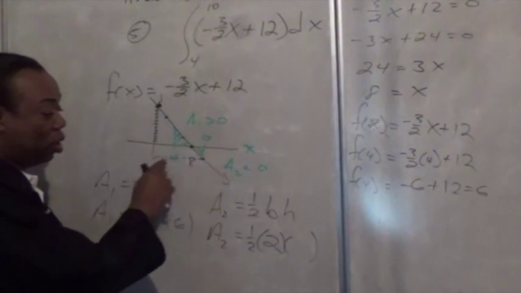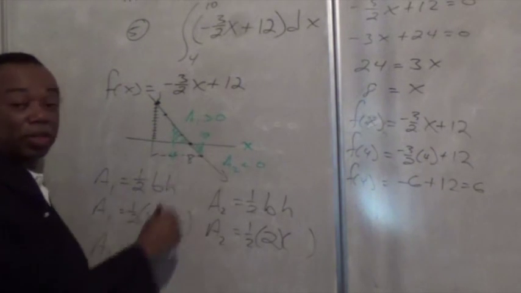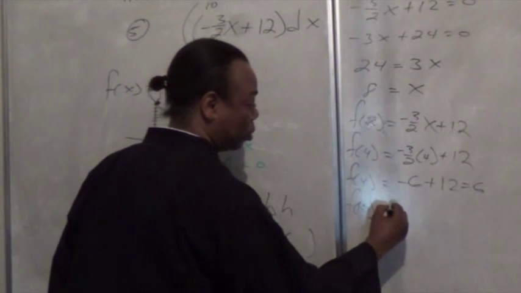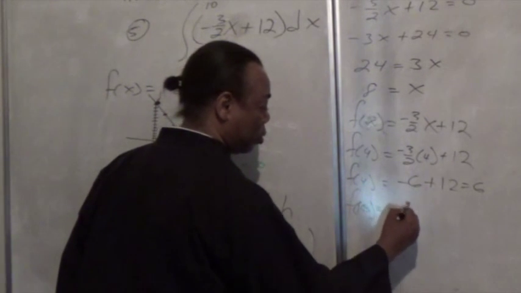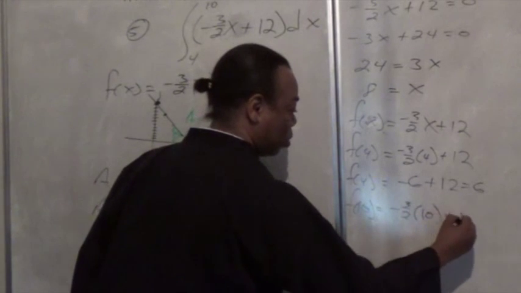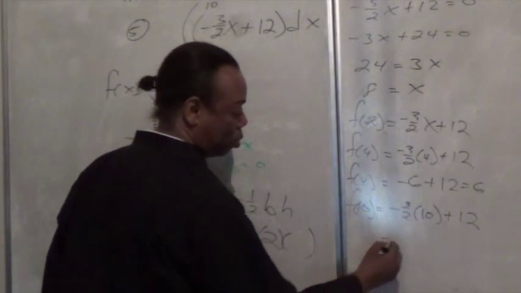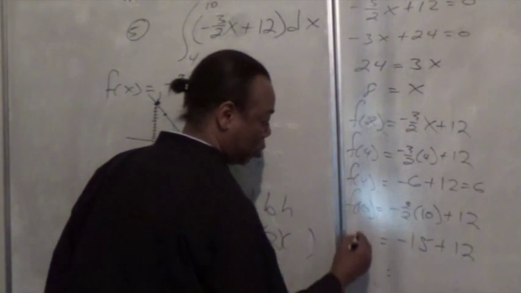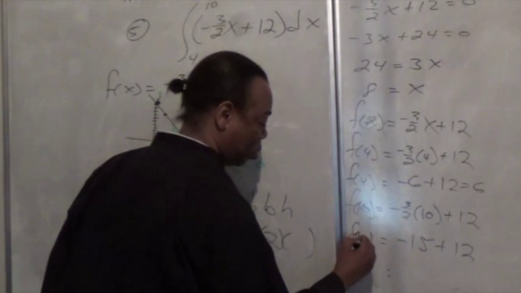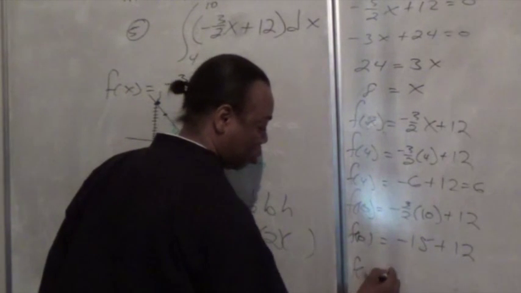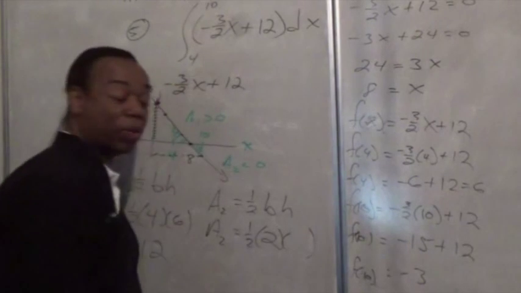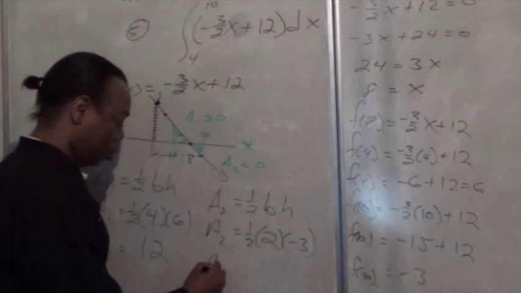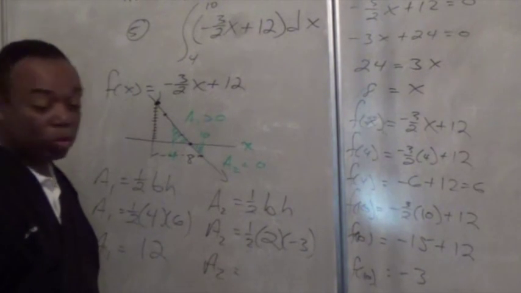The height of this triangle here we can find by putting 10 into the function. And we get a height of negative 3. Therefore, the area of A2 will be negative 3.